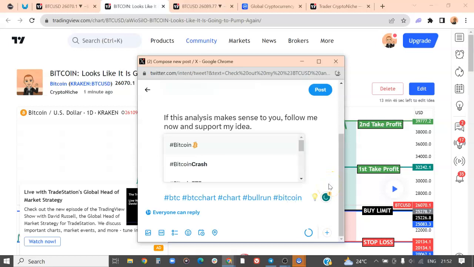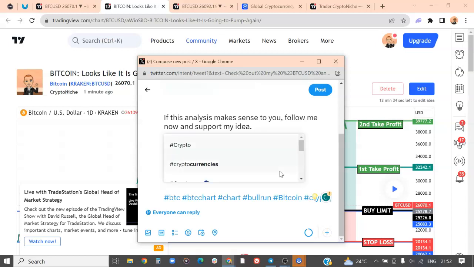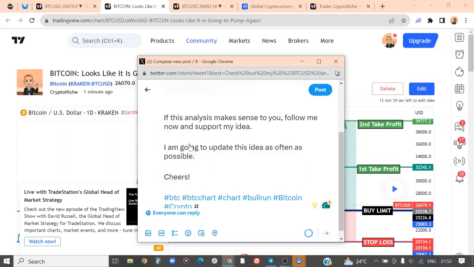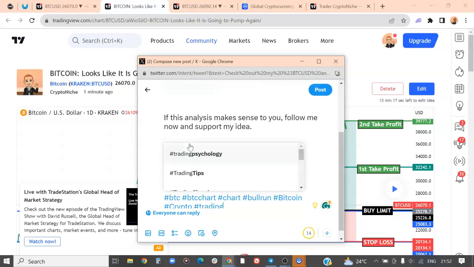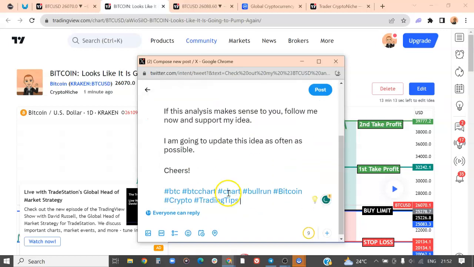Then crypto, cryptocurrency hashtag. Which other one should I use? Let me say trading tips. So that's it.